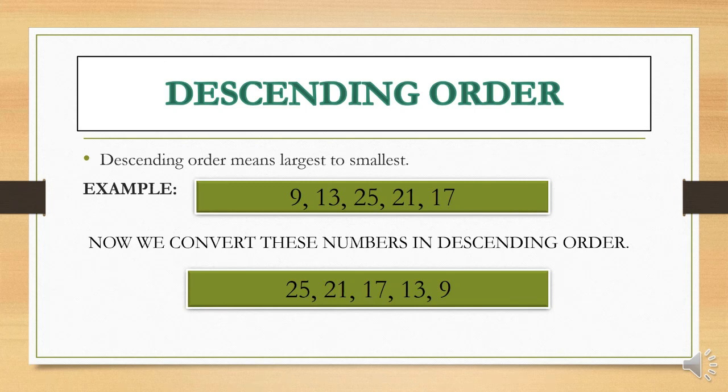To convert them into descending order, first we will write the largest number, which is 25. After it, the second largest number, which is 21, then 17, then 13, and at the end the smallest available number, 9. 25, 21, 17, 13, 9 is now converted into descending order.